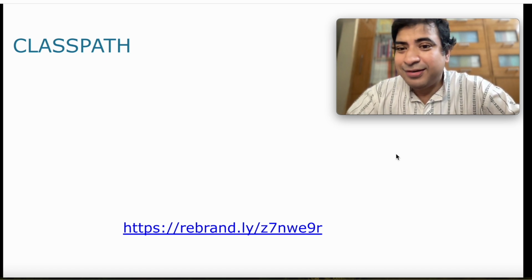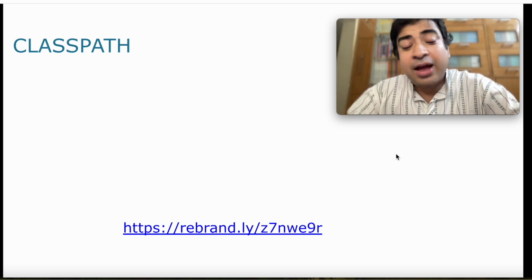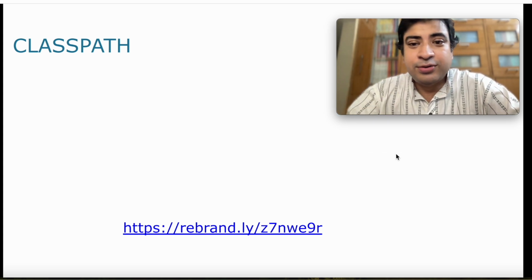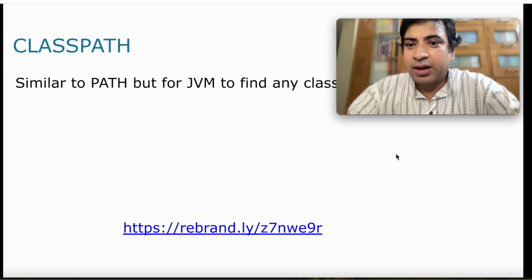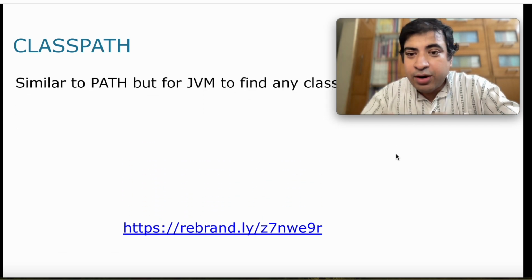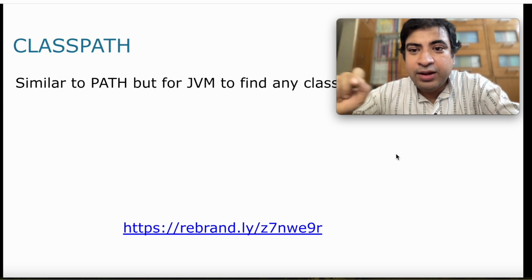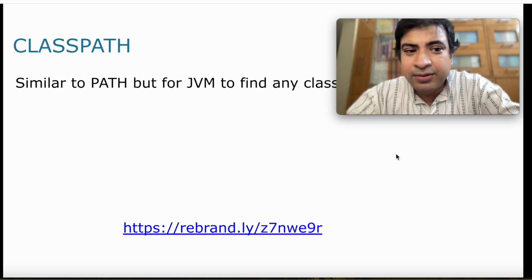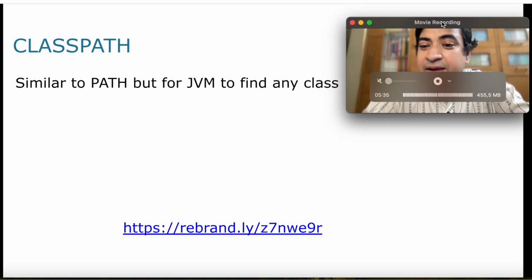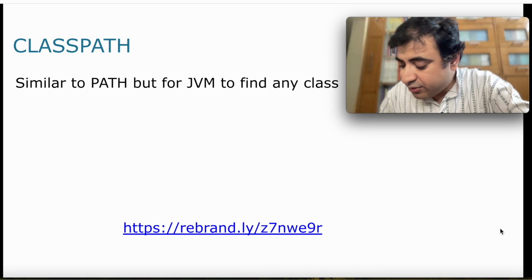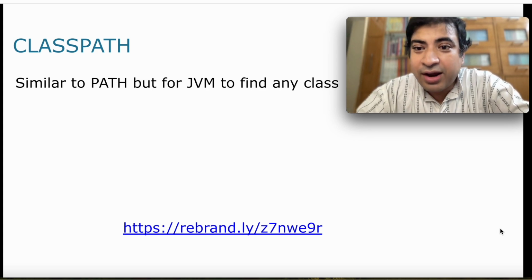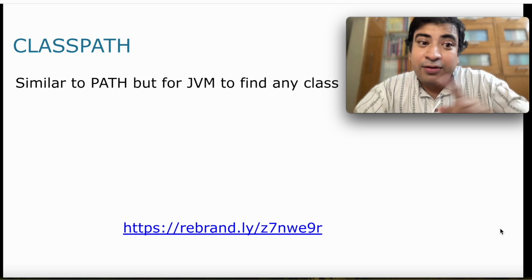Now, there is another concept, interestingly, known as ClassPath, which is very similar to path but in the Java world. Just like our OS tries to find any command or program name that we type from within the list of folders mentioned in the path, similarly, whenever we try to execute a Java program, the JVM tries to find the location of the class from the class path.